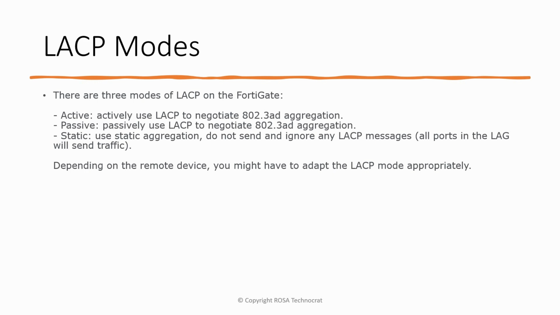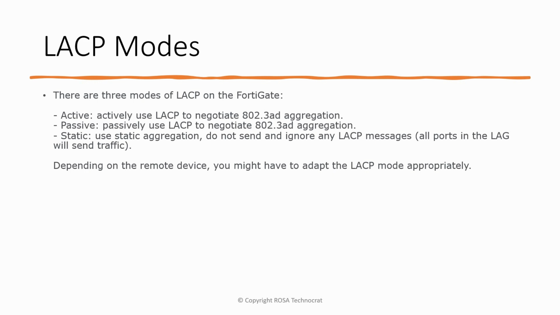Active is where LACP negotiates between the partner and the local device, and they agree on a method. They say, yes, we both are ready to participate in this link aggregation. That is called the active mode of LACP.